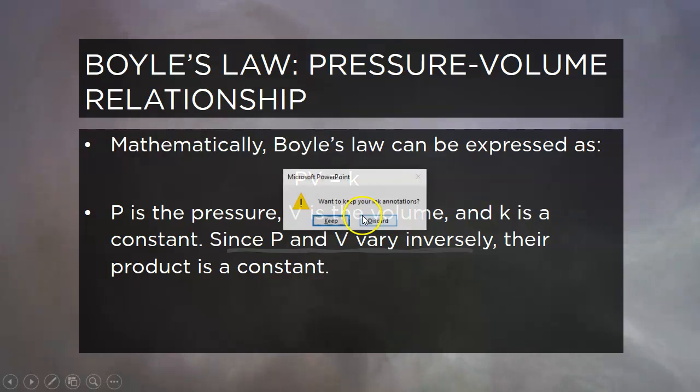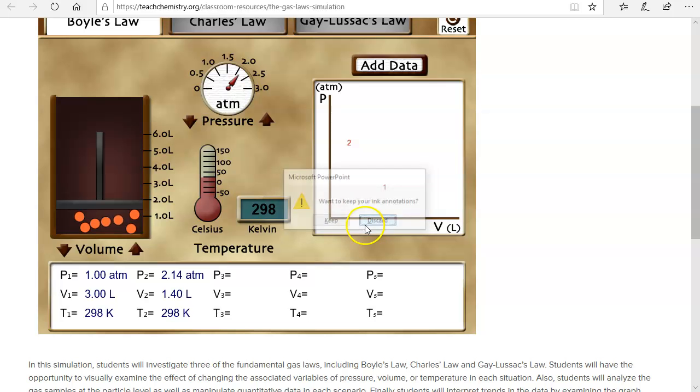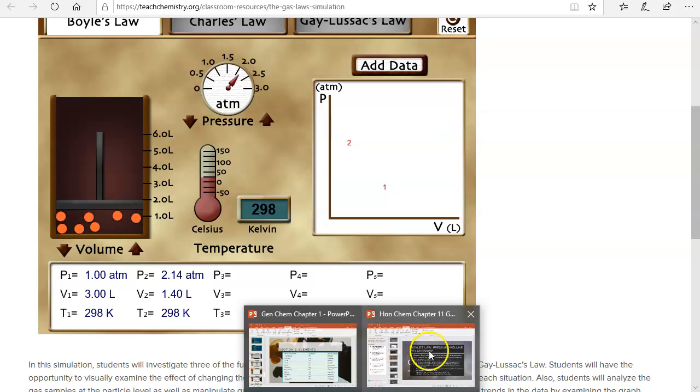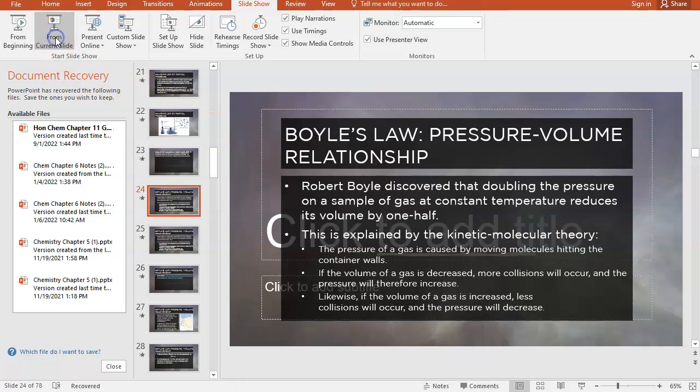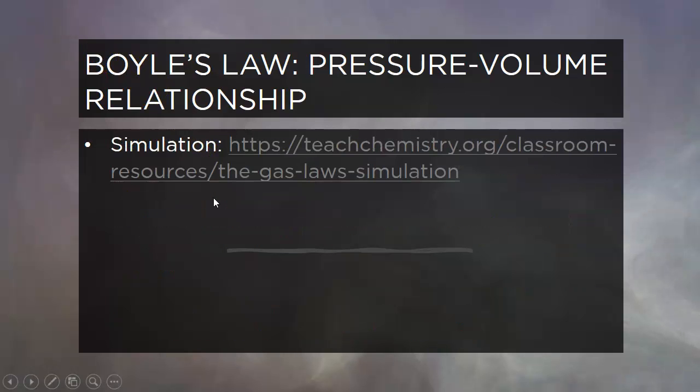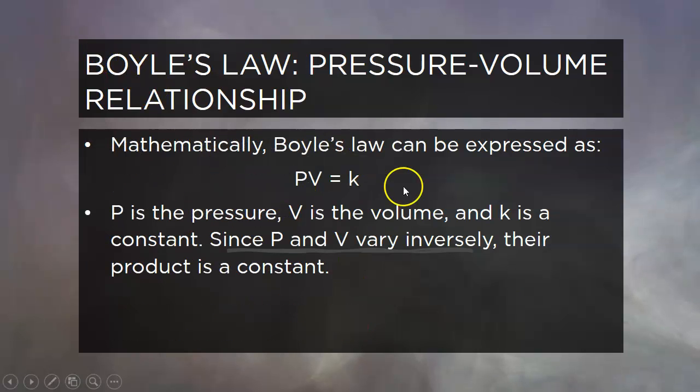So if I look back at the data on my simulation here, if I were to take 1 times 3, pressure times volume, I get 3. And if I take 2.14 times 1.40, I should also get that same constant, 3 rather. The constant is K. So looking here, I should get that constant K every time.